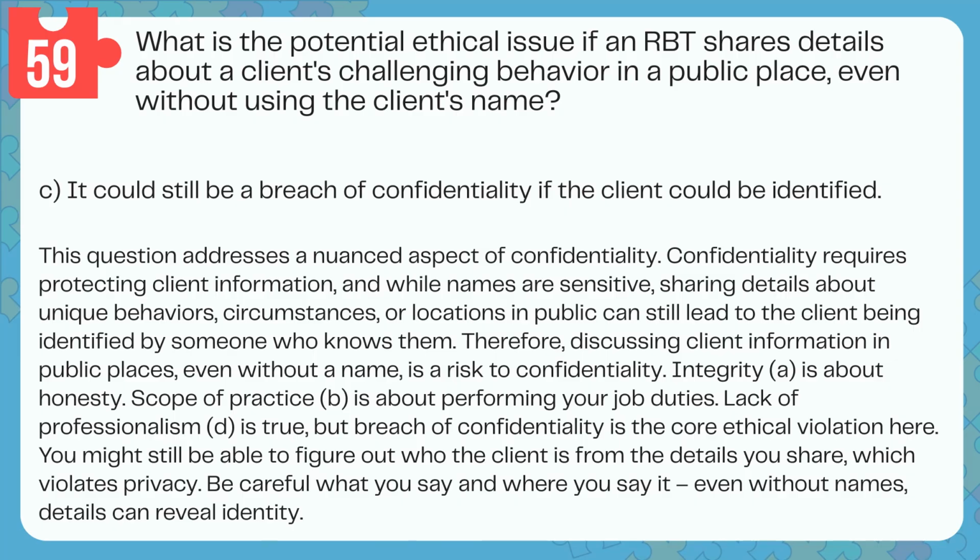Integrity, A, is about honesty. Scope of practice, B, is about performing your job duties. Lack of professionalism, D, is true, but breach of confidentiality is the core ethical violation here. You might still be able to figure out who the client is from the details you share, which violates privacy. Be careful what you say and where you say it. Even without names, details can reveal identity.